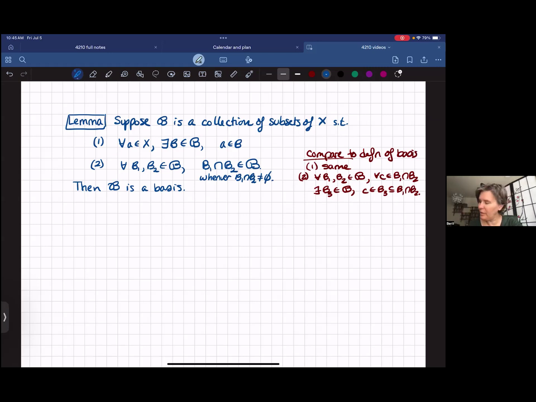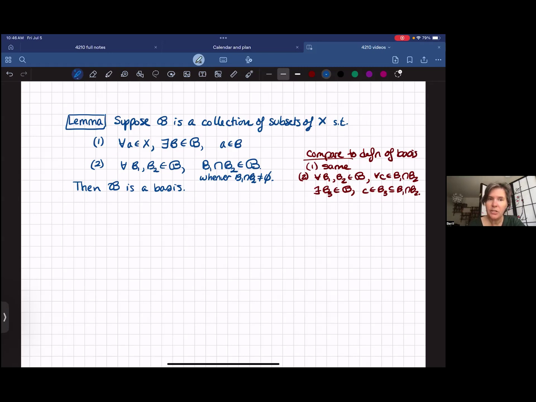Okay, so in the maroon over here, I have the definition of a basis, and then in the blue, I have something else. They're not equivalent, but if number two from the lemma is true, then number two from the definition of the basis is true. Because if number two from the lemma is true, then when you're looking at the definition of a basis, you could just let the B3 equal the intersection.